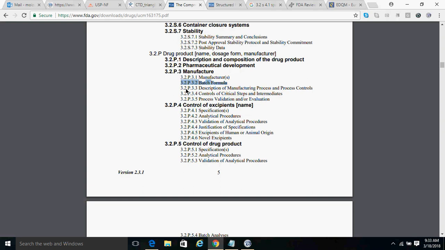As I told you, a regulatory affairs person doesn't do it by themselves. Since you are a science person, we have to understand what is coming in and what information has to be provided to FDA, right? That's what a science person can understand by reading and understanding what exactly they are doing with the drug. Take section 3.2.P.3.3, description of manufacturing process and process controls.